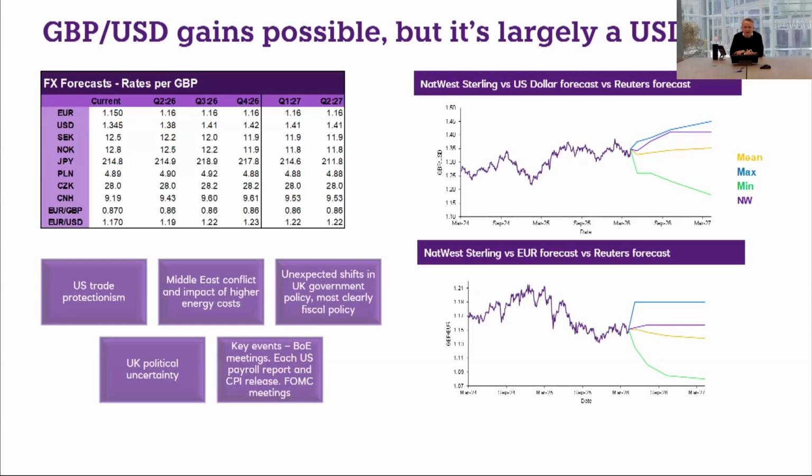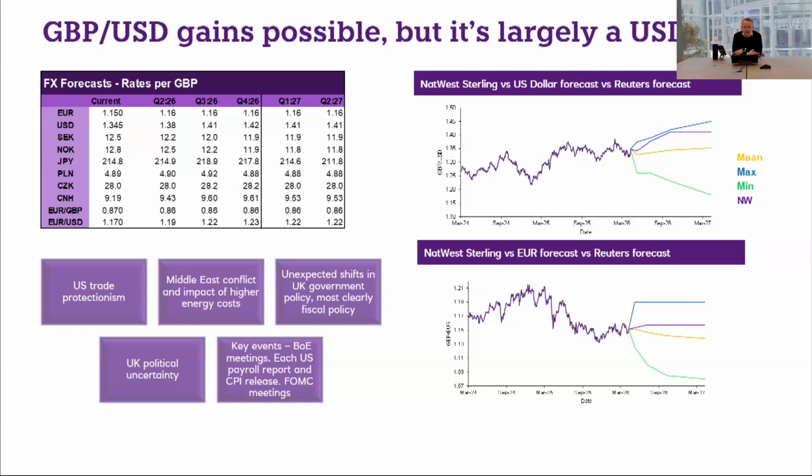The charts on the right-hand side just compare our forecasts here at NatWest with those of the rest of the market. So the top chart to the right is the sterling dollar forecast. The one at the bottom is sterling against the euro. The purple line is our forecast relative to the max and the min of market forecasts, and the yellow, sort of mustard coloured line is the average of the forecasts.